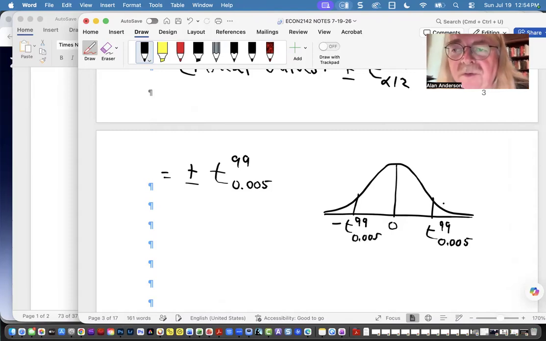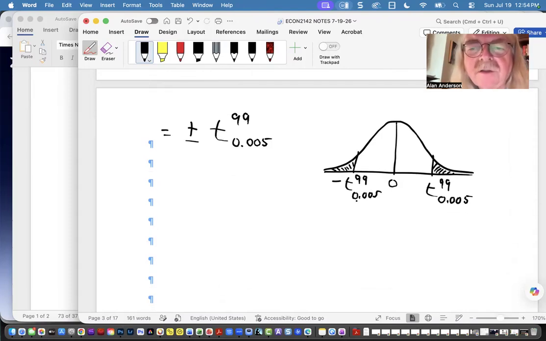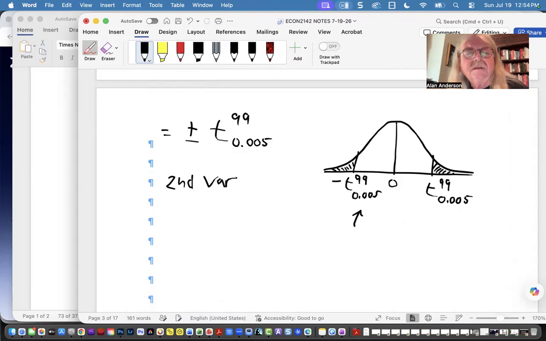And of course, also, they're both the same number with different signs, so we can look up either one of them. All right, so let's say you decide to look up this one. You would go to second vars for INVT.